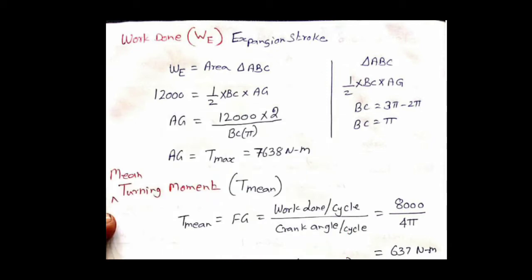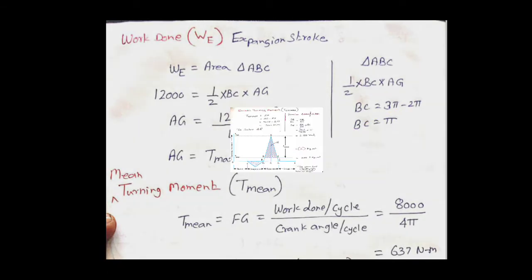FG is equal to work done per cycle divided by crank angle per cycle, so 8000 divided by 4 pi. 8000 is the work done per cycle, which we already identified in previous slides. The crank angle per cycle is 4 pi, because a 4-stroke engine comes under the category of 4 times pi.